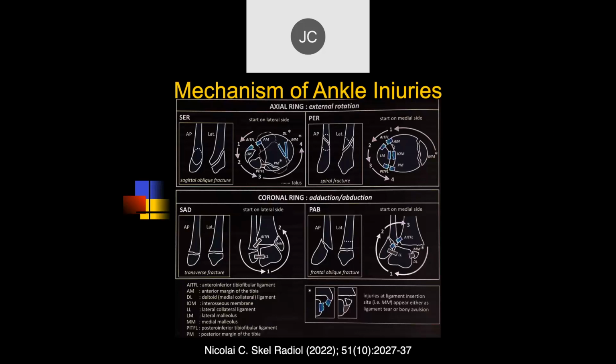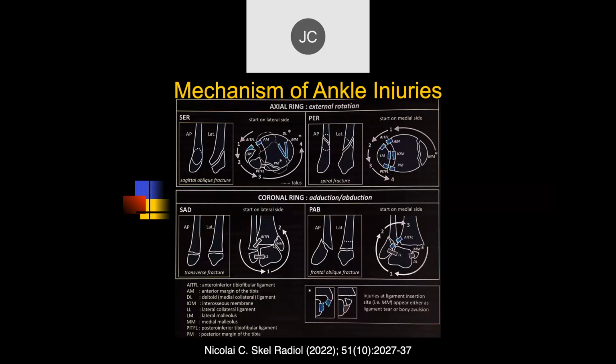So these are two of the most common injuries. The PER tends to be a high ankle sprain, the common high ankle sprain. The SER is a common lower ankle sprain where you get tears of the anterior talofibular ligament, fibulocalcaneal ligament, and deep deltoid, which we see all the time. And then there's the SAD injuries, where you again have a supination injury.